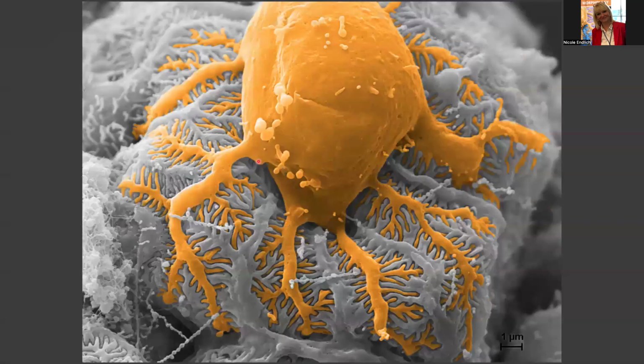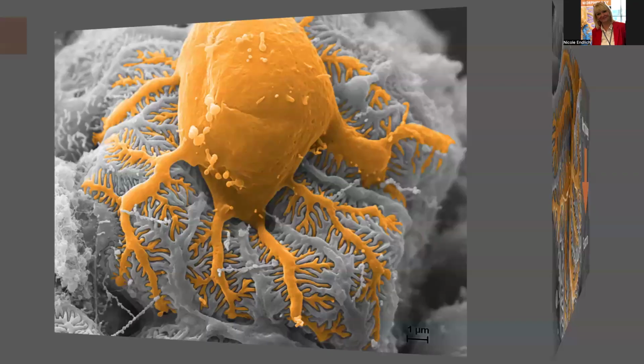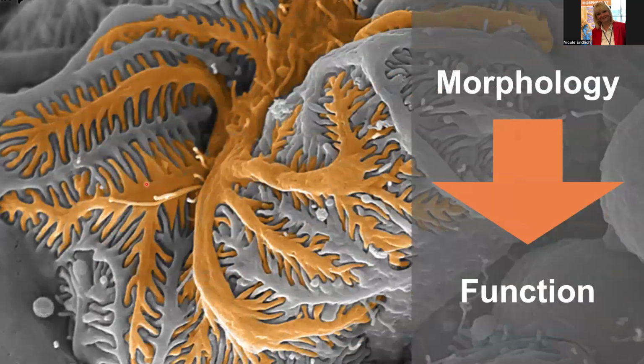If you look here in more detail, you see the regular interaction between the neighboring foot processes and the formation of a so-called filtration slit in between. This morphology is highly relevant for the size selectivity of the kidney filtration and function.